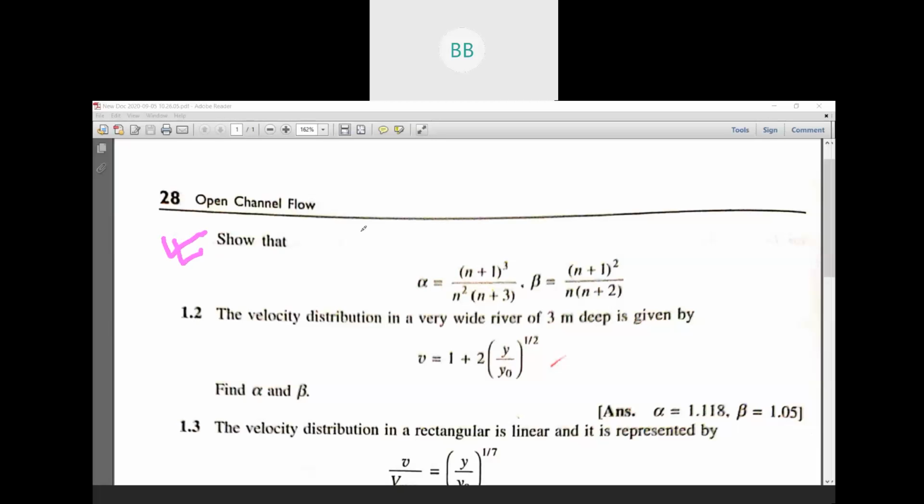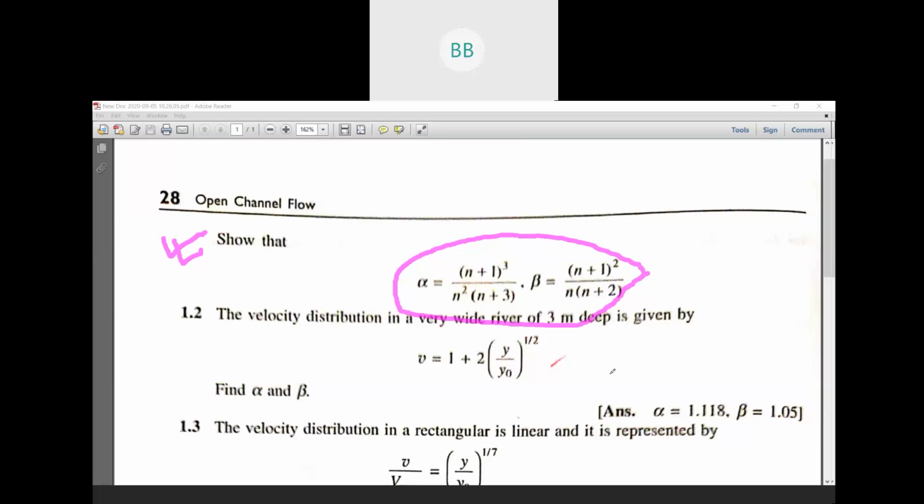They have given an expression for v by v max. Then we have to prove that alpha is equal to (n plus 1) whole cube divided by n squared (n plus 3), and beta is (n plus 1) whole square divided by n plus 2. So we have to prove this alpha and beta.